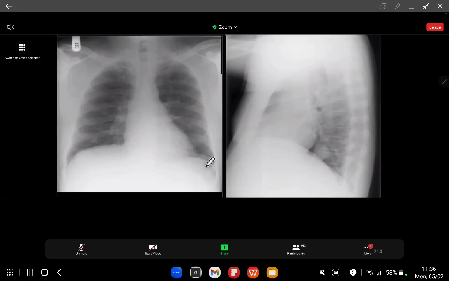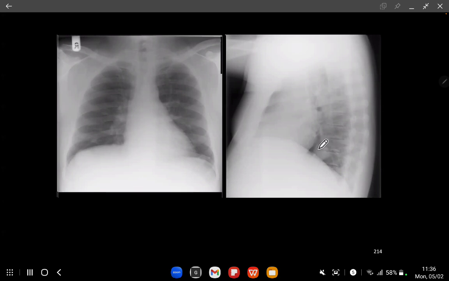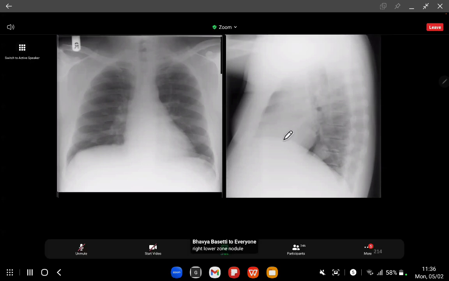Okay, first film. This is quite tricky because when you do the FRCR exam, the chest x-rays can sometimes look normal. And if you look very carefully, you can see that there is an outline of a lesion here. Now, it's much clearer on the lateral view. And the reason why it's less clear on the frontal view is, of course, it's projected below the dome of the diaphragm, which is just here.